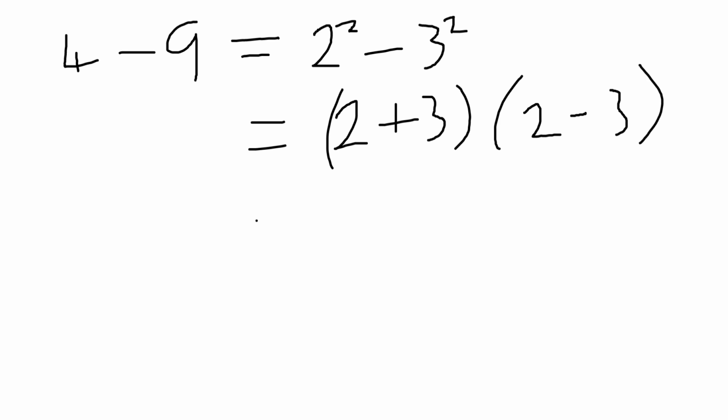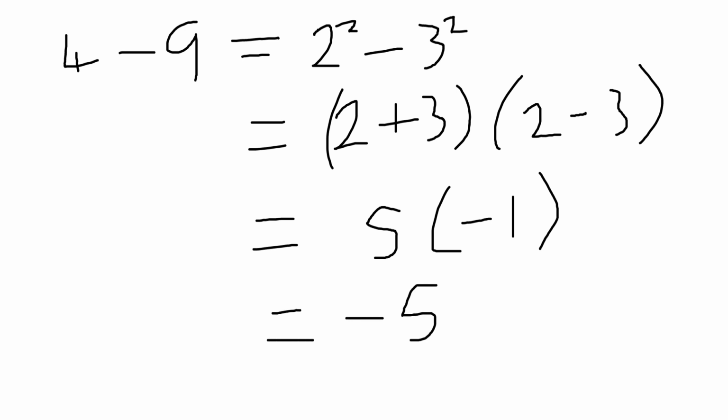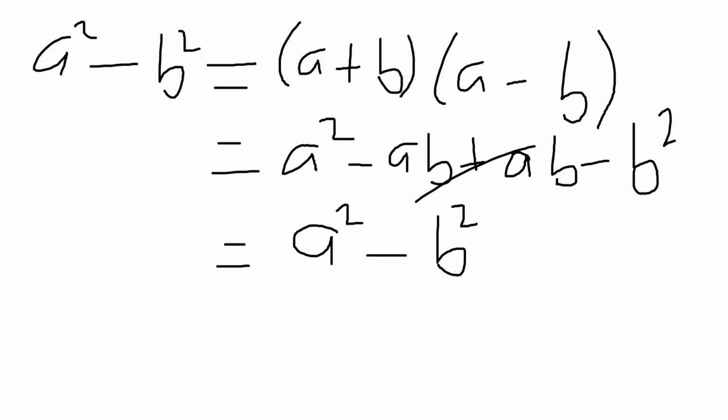So in the first bracket we have 5, in the second bracket we have negative 1. So if we take the multiplication, we are left with negative 5, which is correct. So that is a proof for the formula.